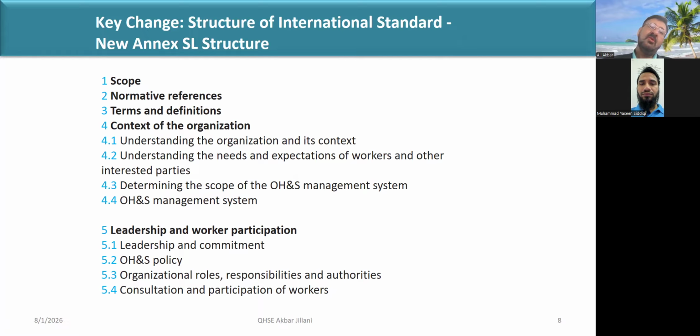Now, another thing, what is the scope? If you are a manufacturing company or a contracting company, from here you will get your scope of work in the certificate. Where is your scope of work defined for your organization?